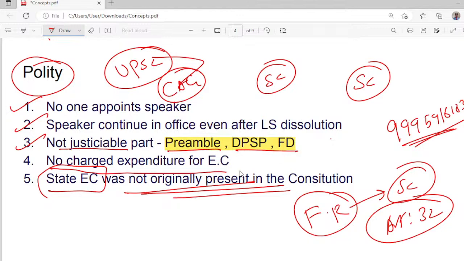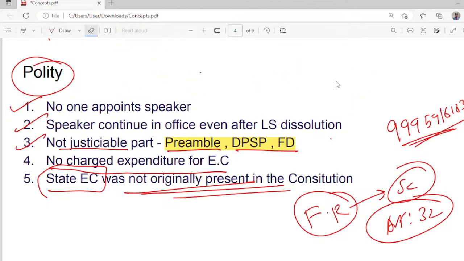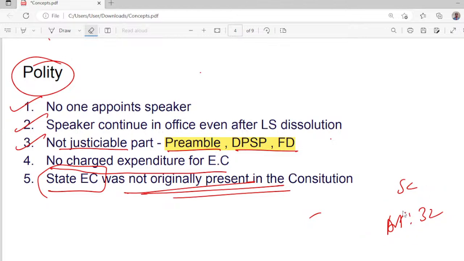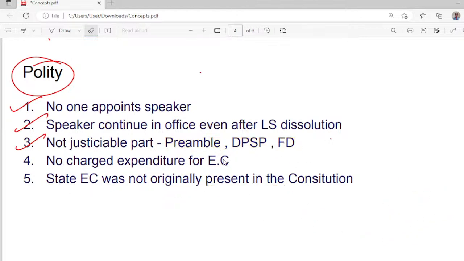And charged expenditure. Somebody is asking about charged expenditure. Charged expenditure means those expenditures which do not require voting by the Parliament. I repeat, charged expenditures are those expenditures which do not require voting by the Parliament.